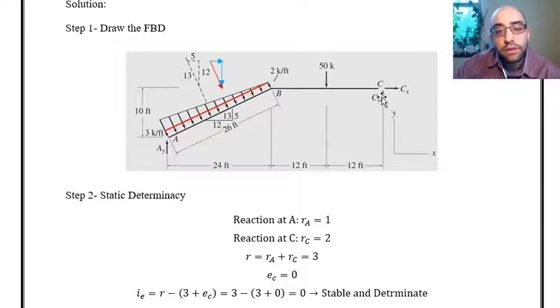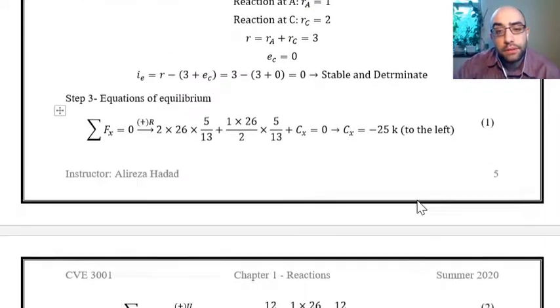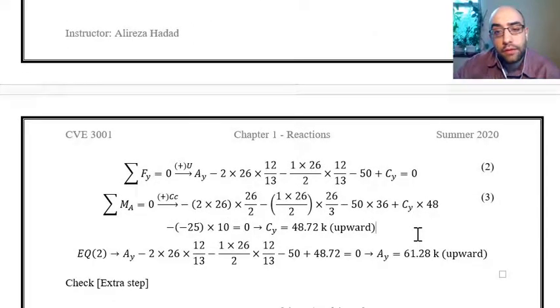So the moment because of this will be positive because the direction will be counterclockwise, and the moment will be Cy multiplied by the distance, which is 24 plus 12 plus 12, which will be 48, right? That will be the moment because of Cy.